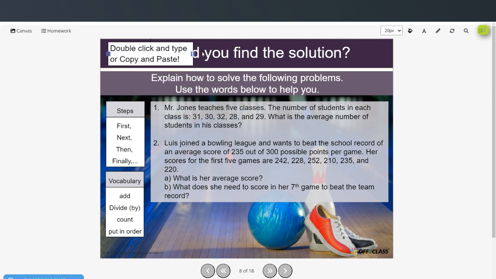All right, so for number 1, you would say first, add all of the numbers of students together.